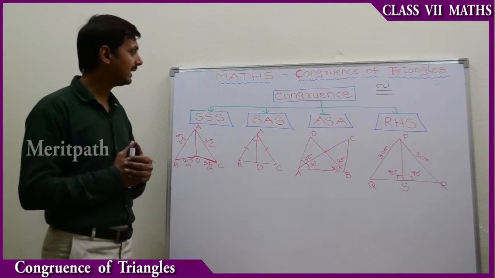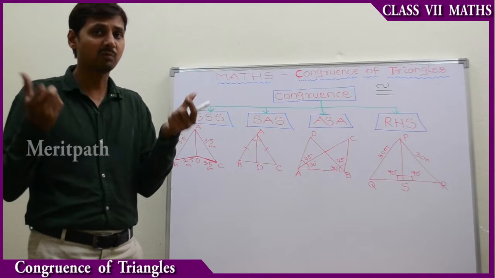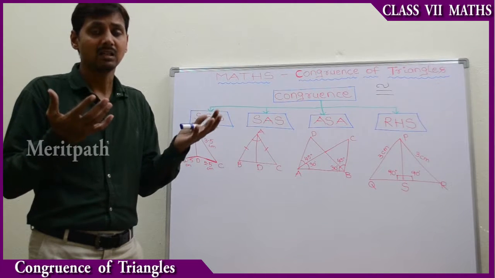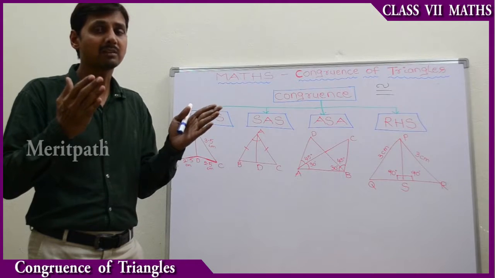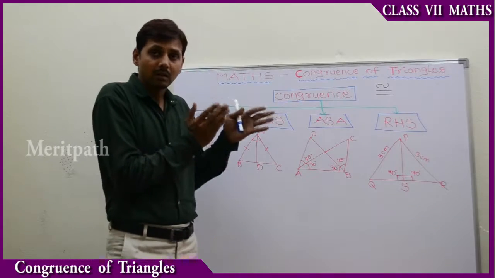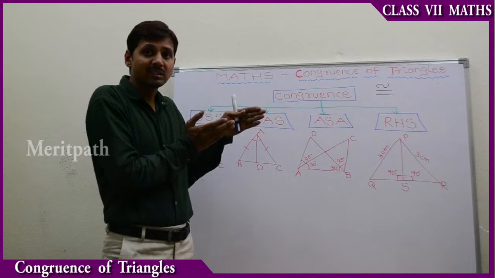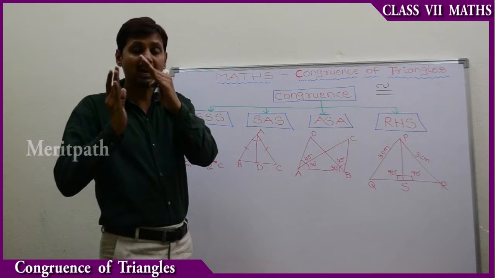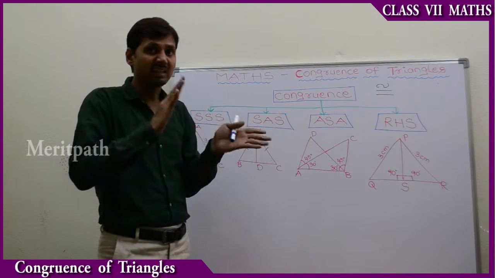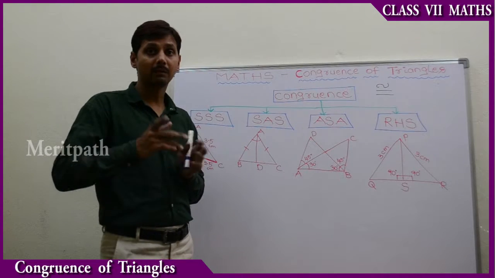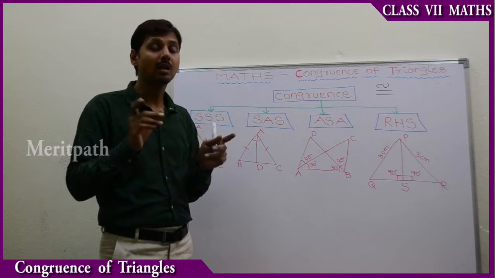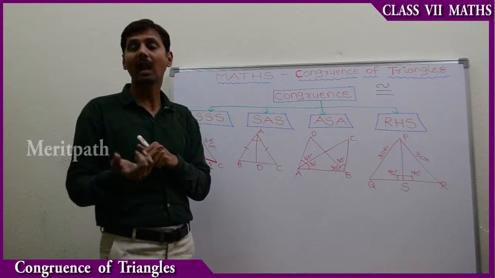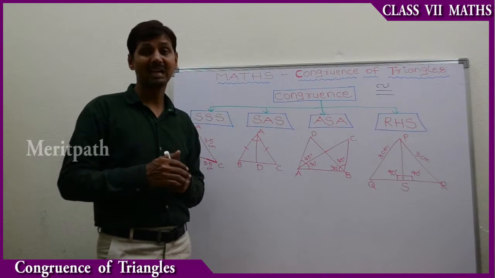And then let's go to the SAS property, and how we compare two triangles. When we compare two triangles, if two sides of one triangle are equal to the corresponding two sides of the other triangle, and the angle included between those two sides is also equal, then we call it SAS property.